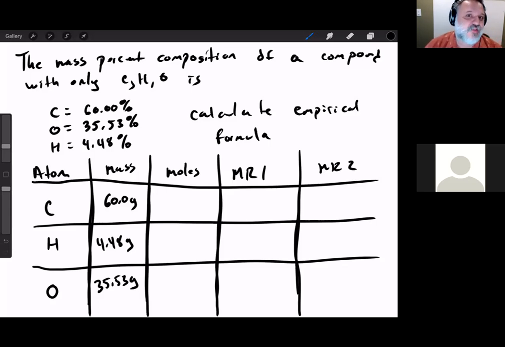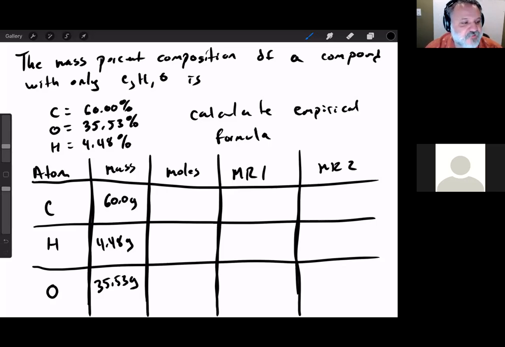And the reason why we say 100 is because it's easy, right? If I have percentages and I assume that the sample was 100 grams, then I don't really have to do any calculations to figure out what the individual masses are. If I assumed that the sample was 4,325.5 grams, could I do the calculation? Absolutely.